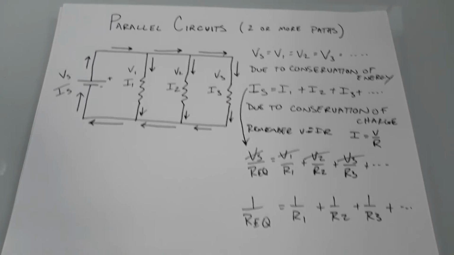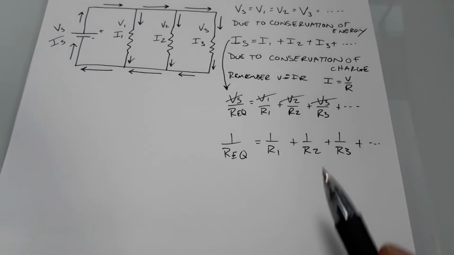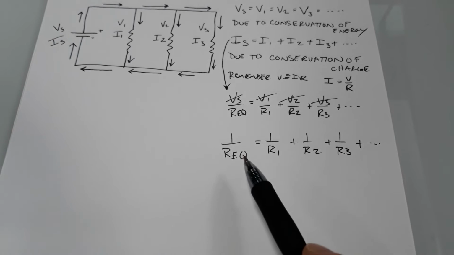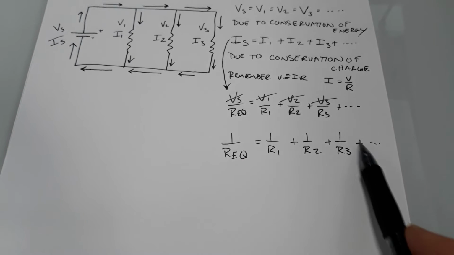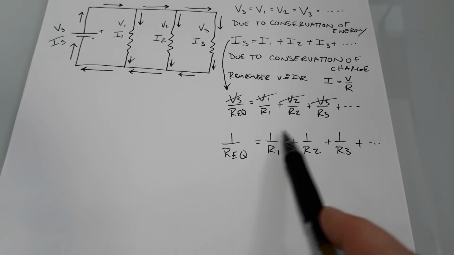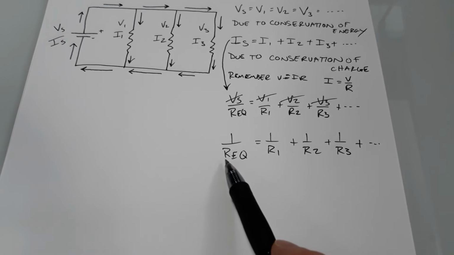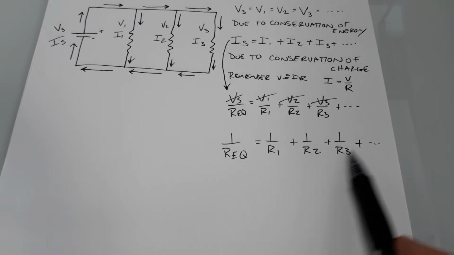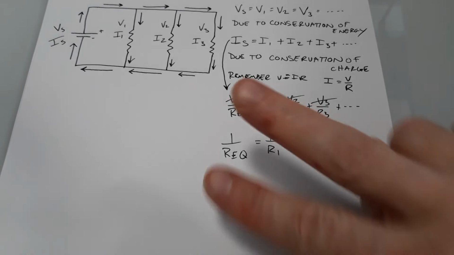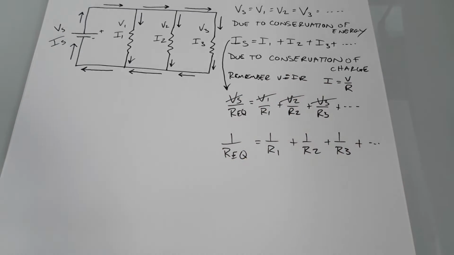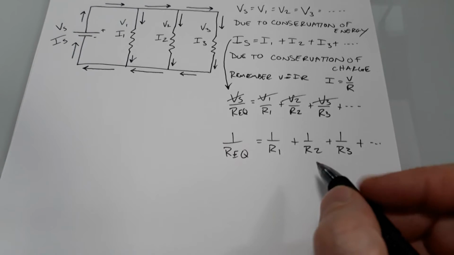Now we have this very unusual process where instead of adding the resistors and getting the total resistance, I need to add the reciprocals, but realize that's still not going to give me the answer because that's the inverse of the answer. So that means that once I do the math on the right side, I still have to do this operation, which is to flip it over. Take the reciprocal, or take the inverse, of that particular number, whatever you come out with on this side.